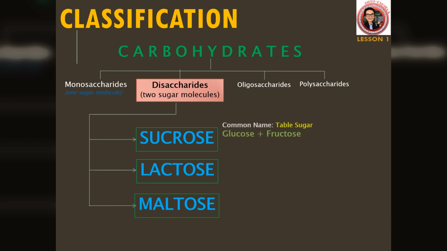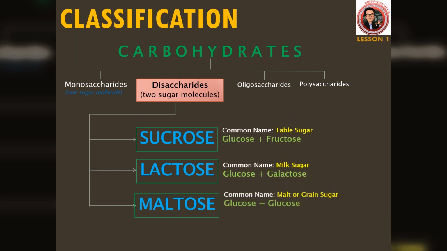The common name of sucrose is table sugar. It is actually a combination of glucose and fructose. For lactose, the common name will be milk sugar, and it is a combination of glucose and galactose.